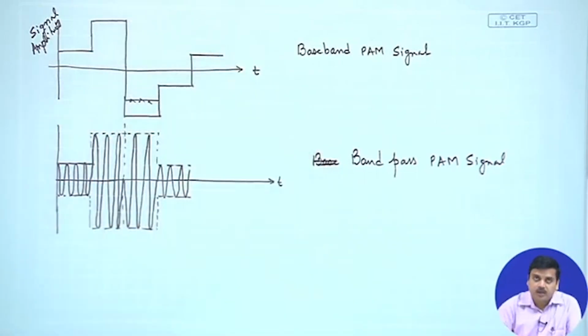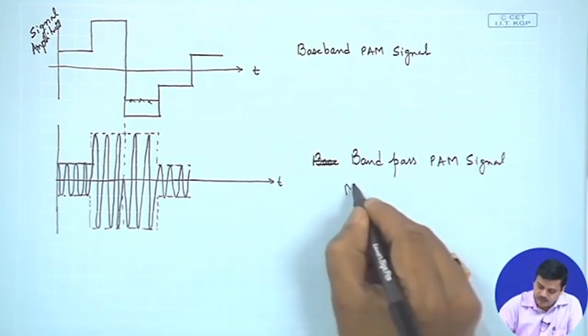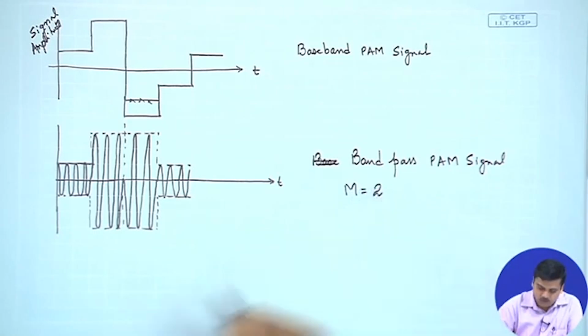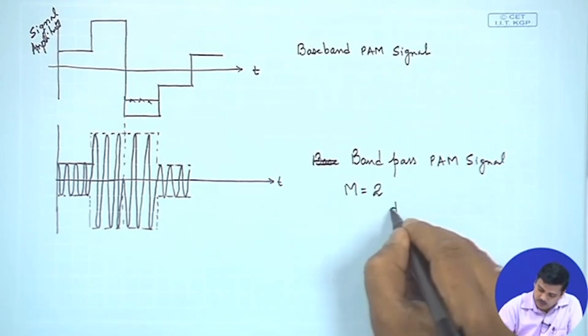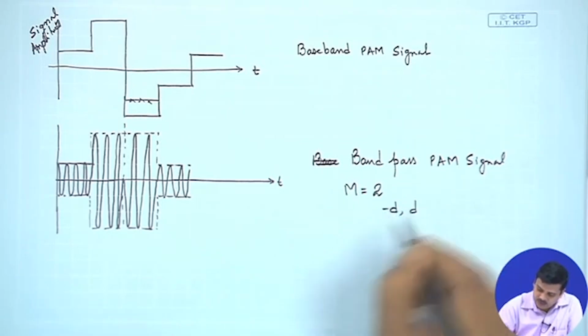And in the last lecture also, we identified the special case of M equal to 2. If M is equal to 2, we found that the two amplitude levels are minus d and d.